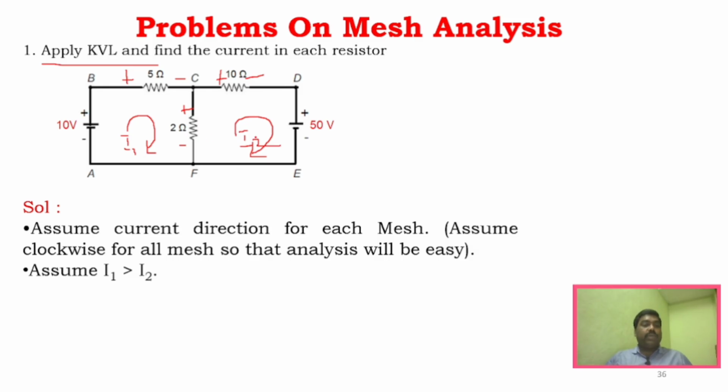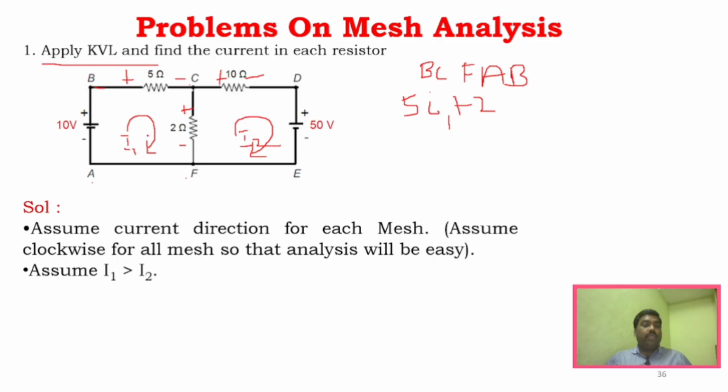Now I consider this mesh, B, C, F, A, B. I want to start from here, so it is 5 I1, that is the current flowing here, and again it is plus, so plus 2.